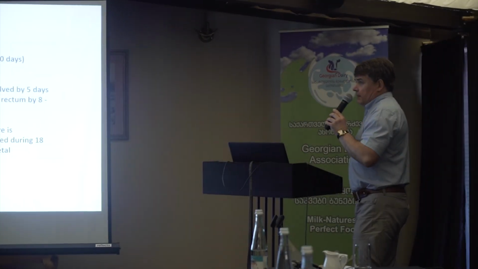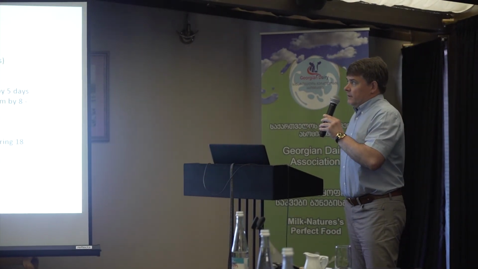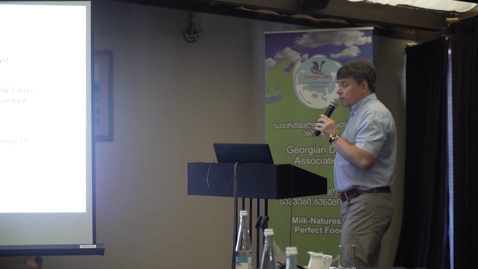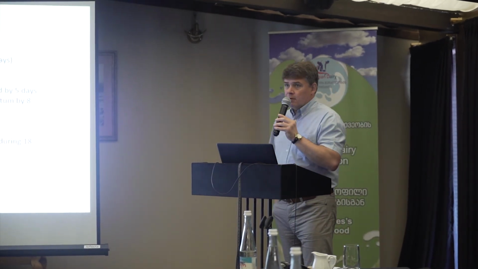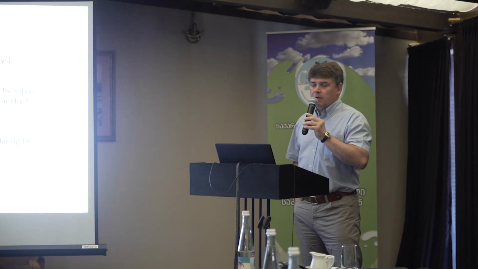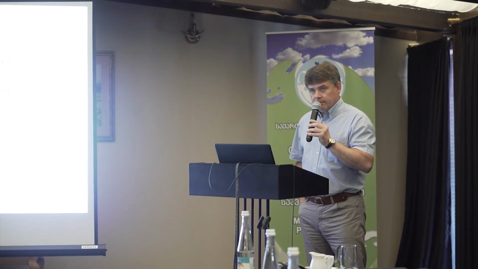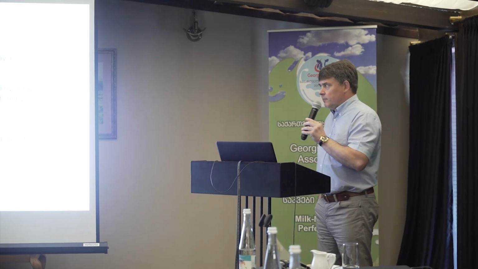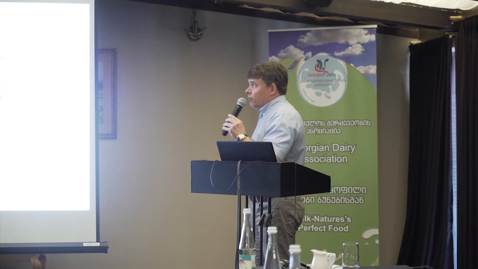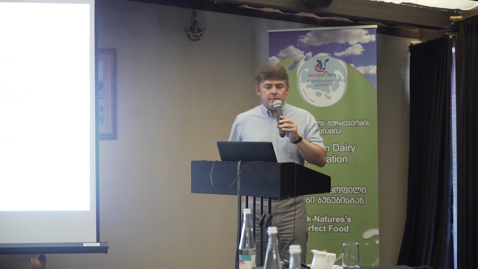And what is normal? If we're talking about uterine involution, you should know that in pluriparous, multiparous cows it's usually longer. We say that in pluriparous cows, complete uterine involution time is roughly 40 days.